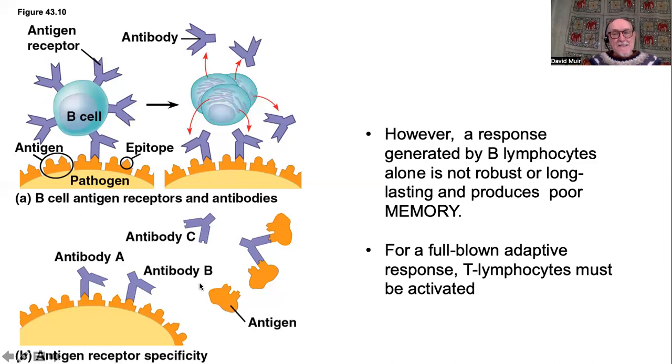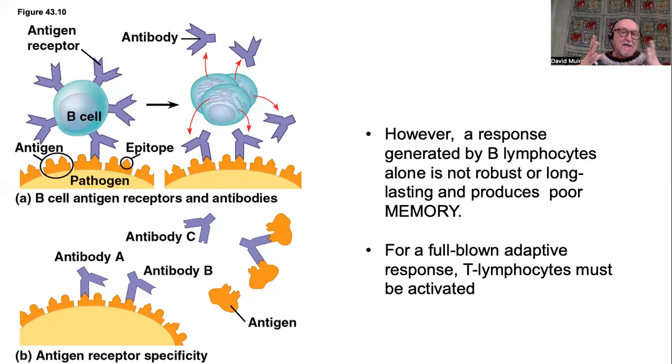But there is a system whereby this initial response is harnessed. And it's harnessed to an interaction with the other leukocytes in the adaptive immune response. And it produces a very robust, full adaptive response, often with good long-term memory.